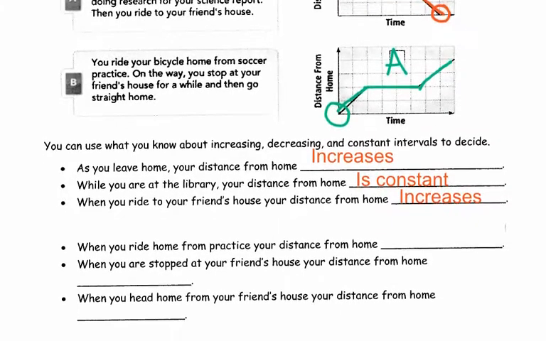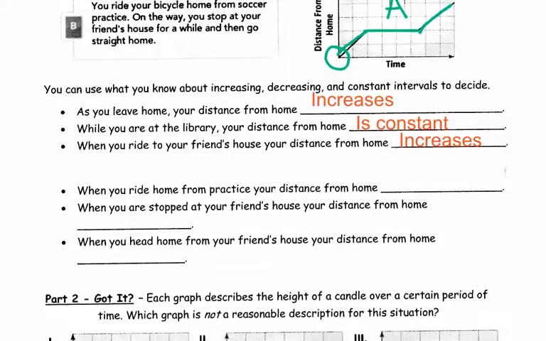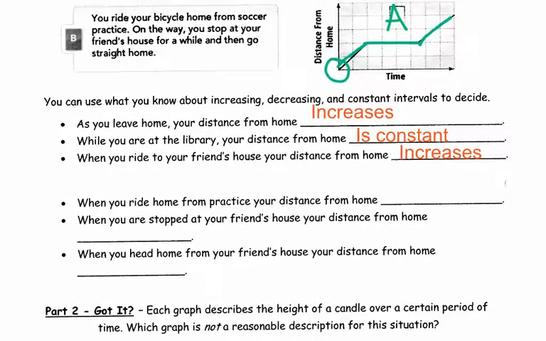When you ride home from practice, your distance from home decreases. When you're stopped at your friend's house, your distance from home is constant. And when you head home from your friend's house, your distance from home decreases again.